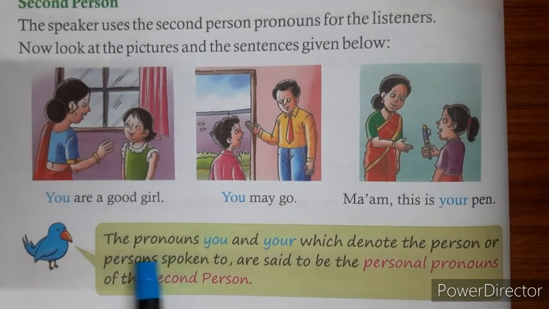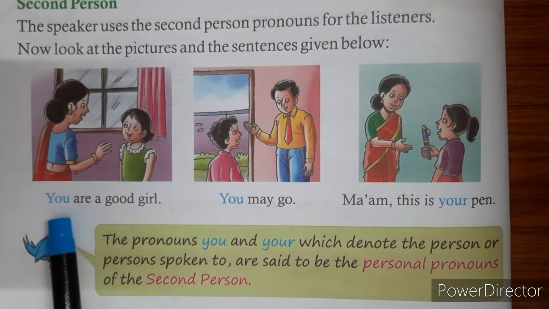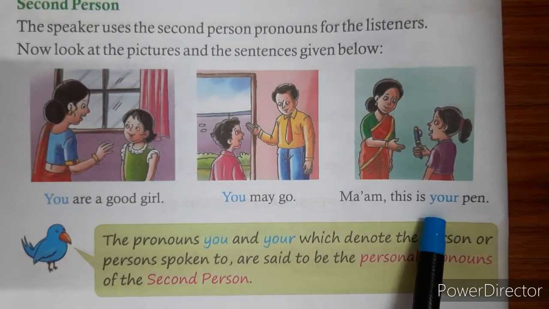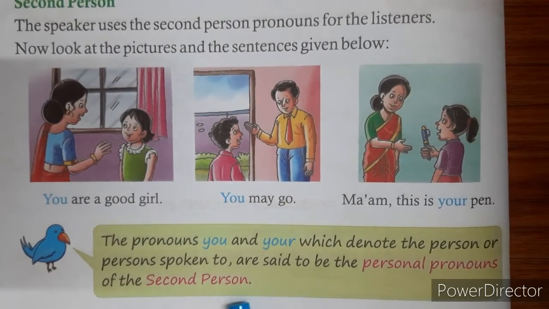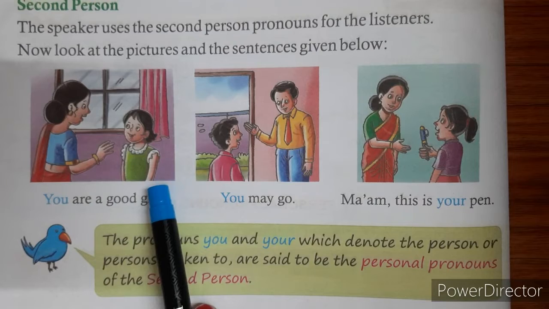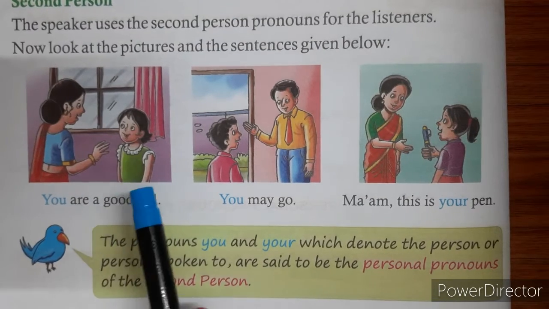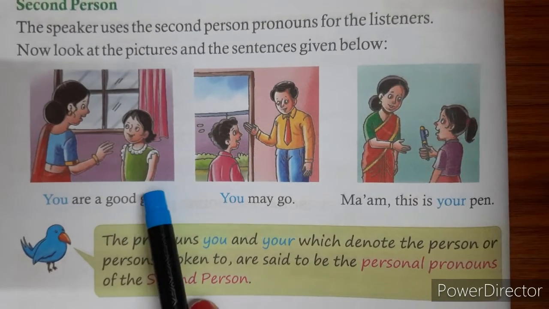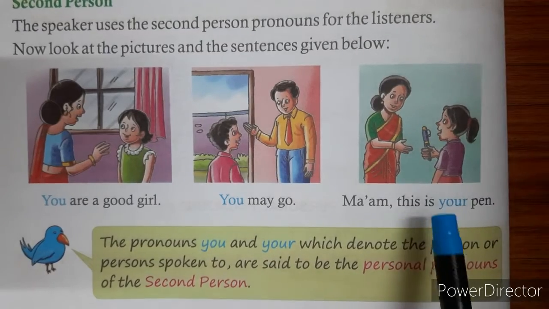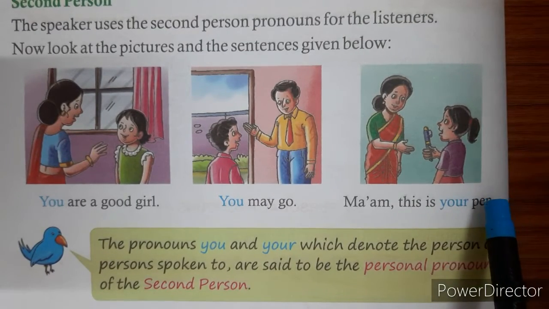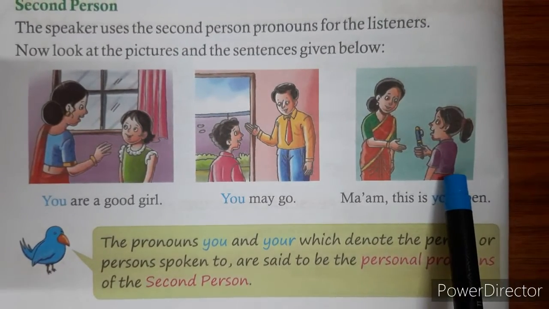Students, the pronouns in the pictures, you, your, denote the person or persons you are speaking to. So when you are having a dialogue with another person, it is said to be the personal pronouns of the second person. You and your.